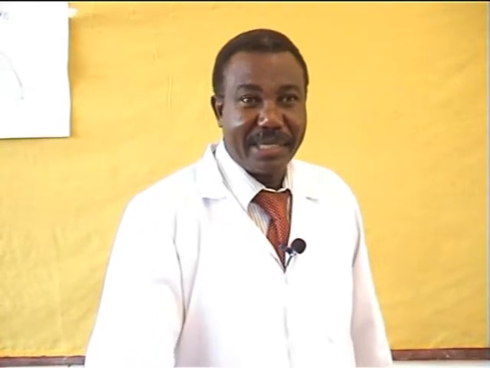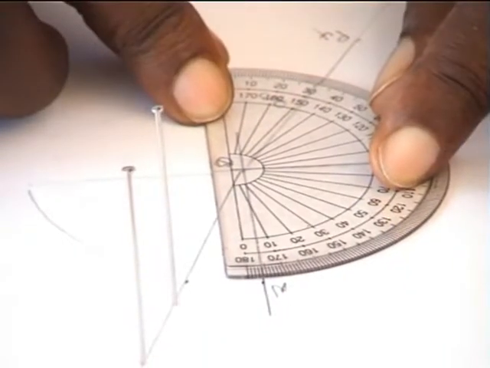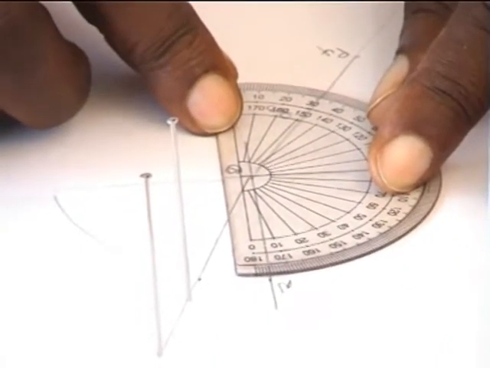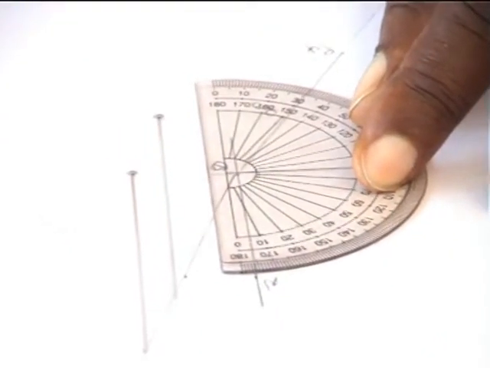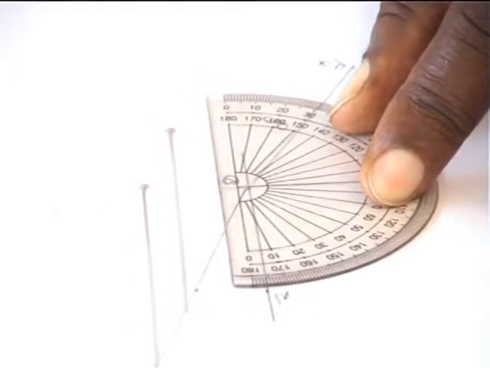Use a protractor and measure that angle which is formed by P3 and P4. The angle is 31 degrees.